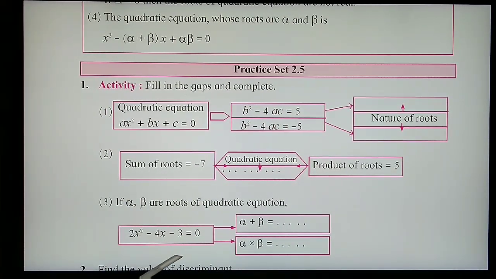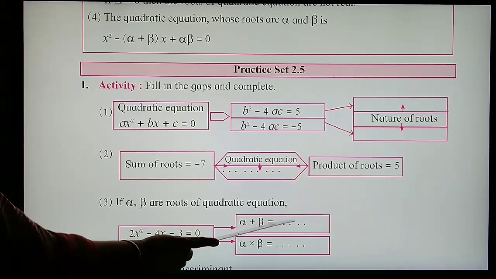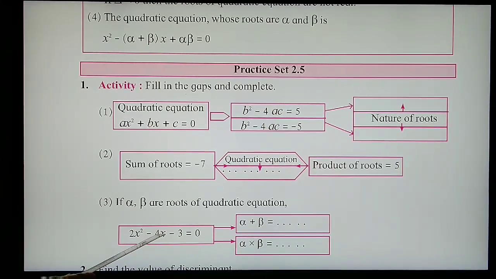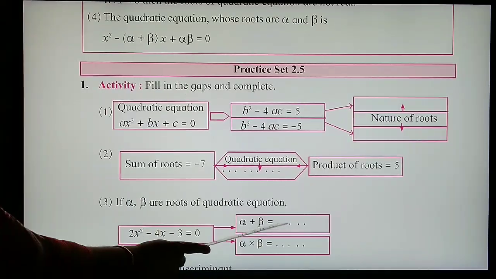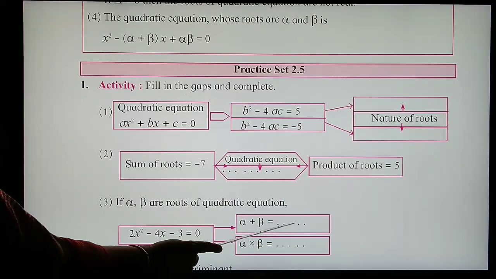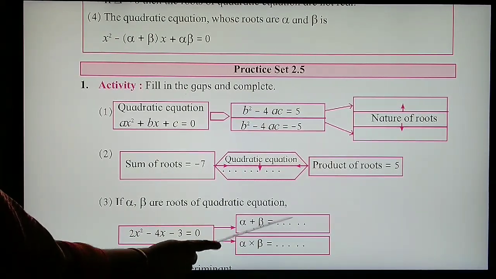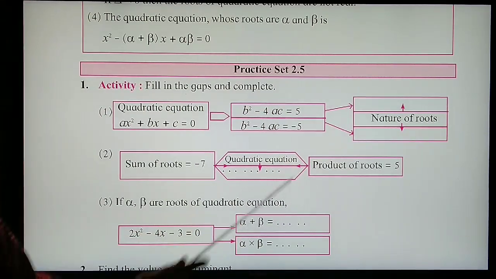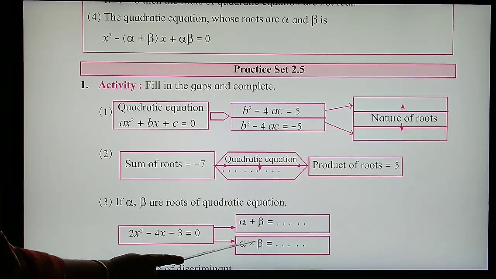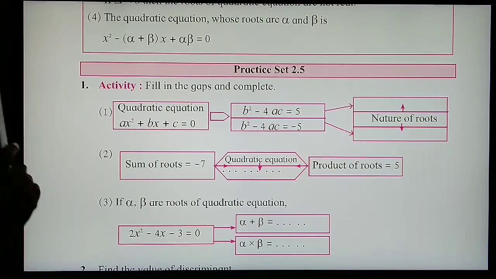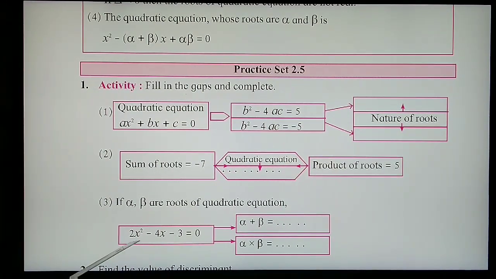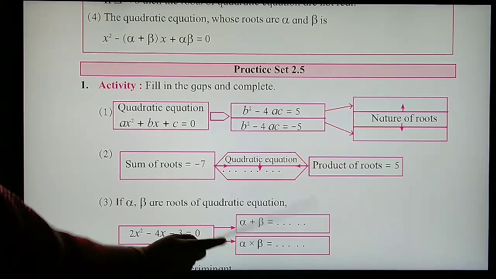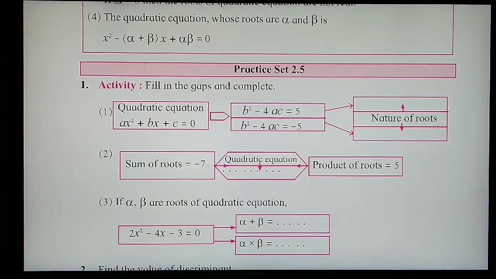What is the value of alpha plus beta? Minus b upon a. So b becomes minus 4 and a becomes 2. So minus of minus 4 upon 2, minus minus is plus, so 4 upon 2 becomes 2. Then the value of alpha into beta is c upon a. C becomes minus 3 and a is 2. So minus 3 upon 2 is the value of alpha into beta.